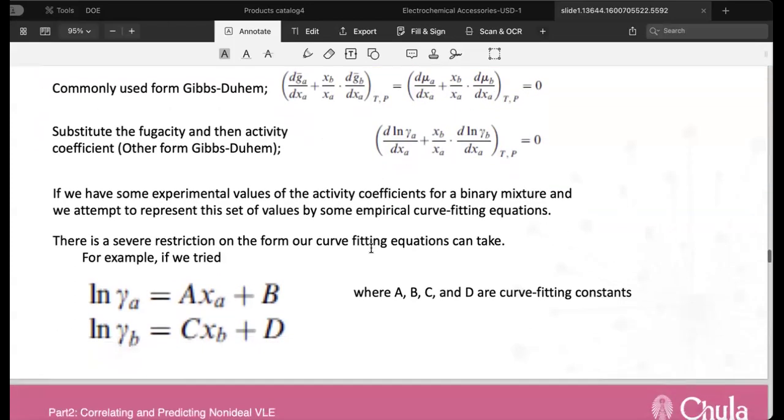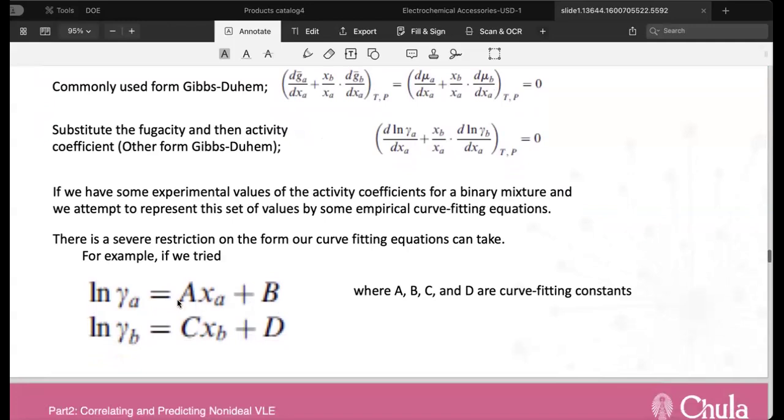For example, if we write log gamma A as a linear equation, very simple: log gamma A is A xa plus B, and log gamma B is C xb plus D. Do you think it's usable?